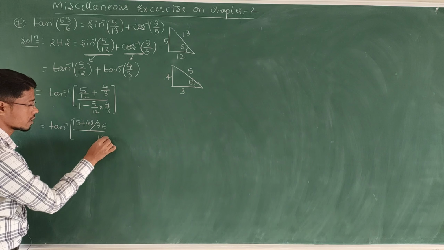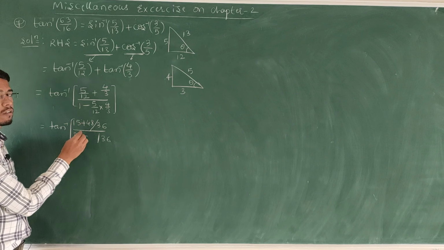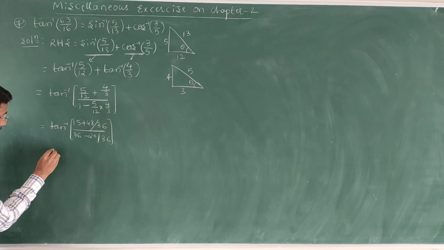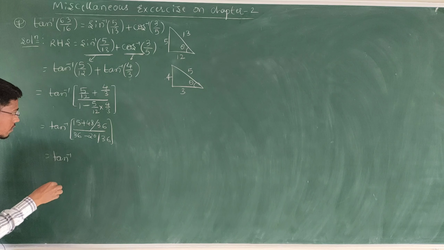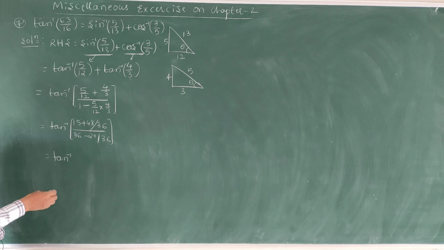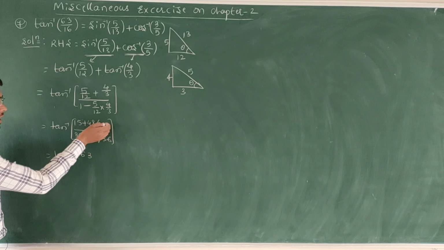Again 36 is the LCM. Okay, 36 minus 5 into 4 is 20, equal to the tan inverse of 15 plus 48, that is 63. These two get cancelled.